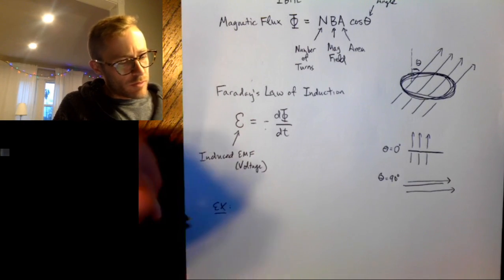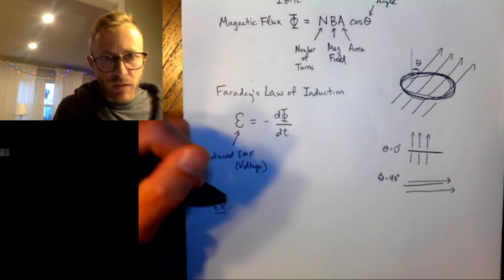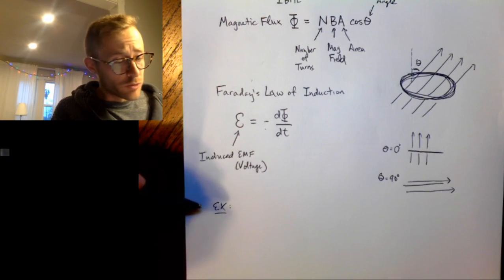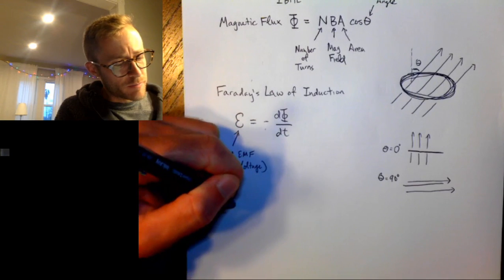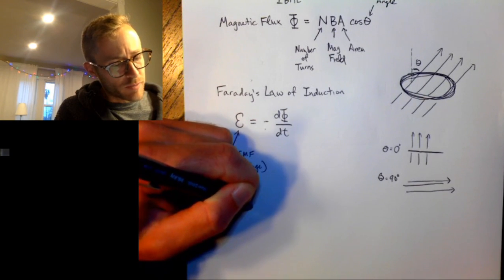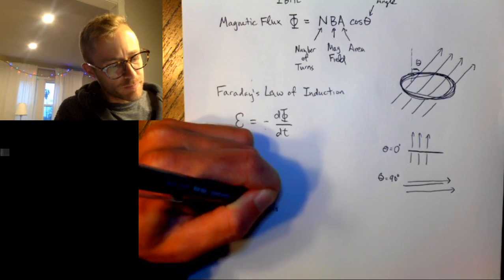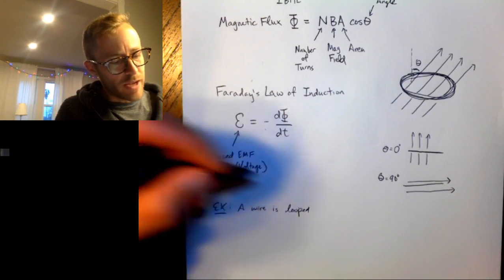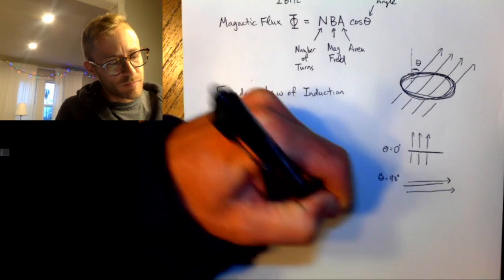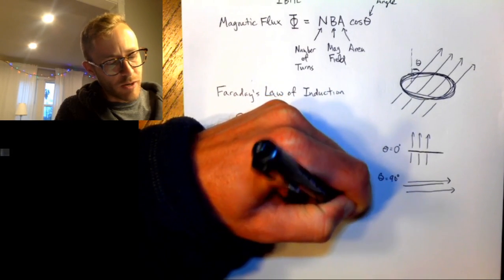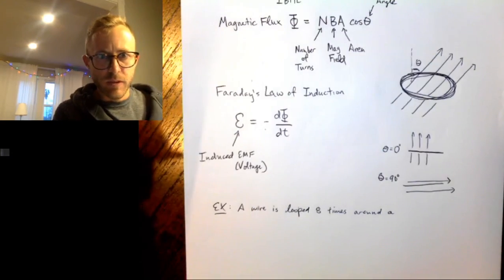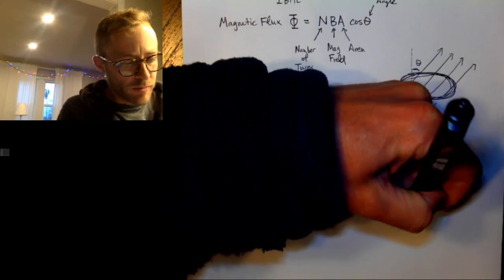So here's an example for you. What if we have a wire that is looped 8 times around a 3 meter by 4 meter rectangle.